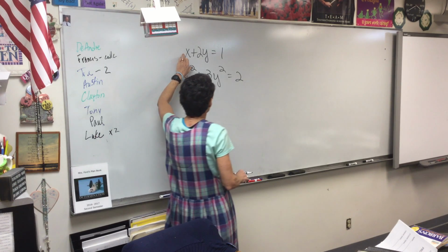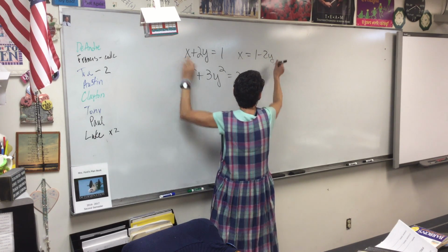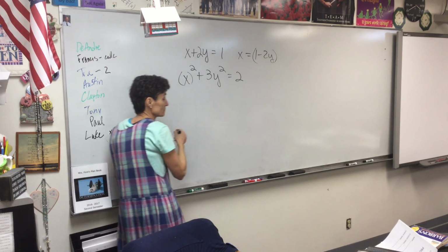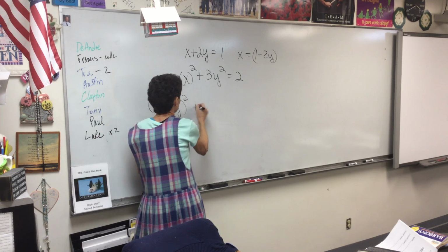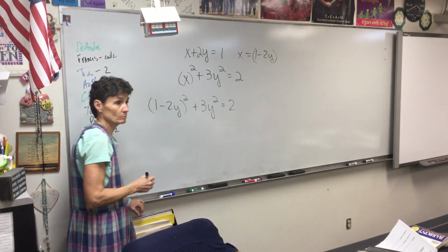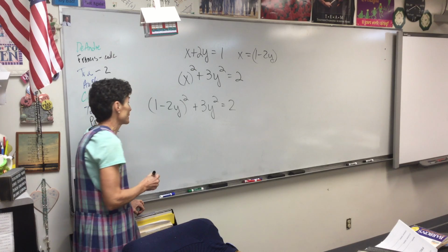So I can take that top equation and set x equal to 1 minus 2y. And then I'll plug that right in here. So I have (1 minus 2y) squared plus 3y squared equals 2. Right? Now what?